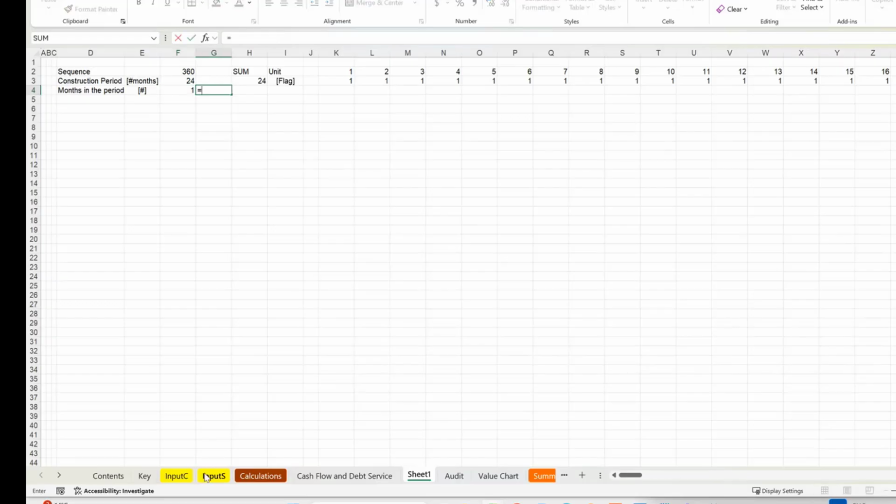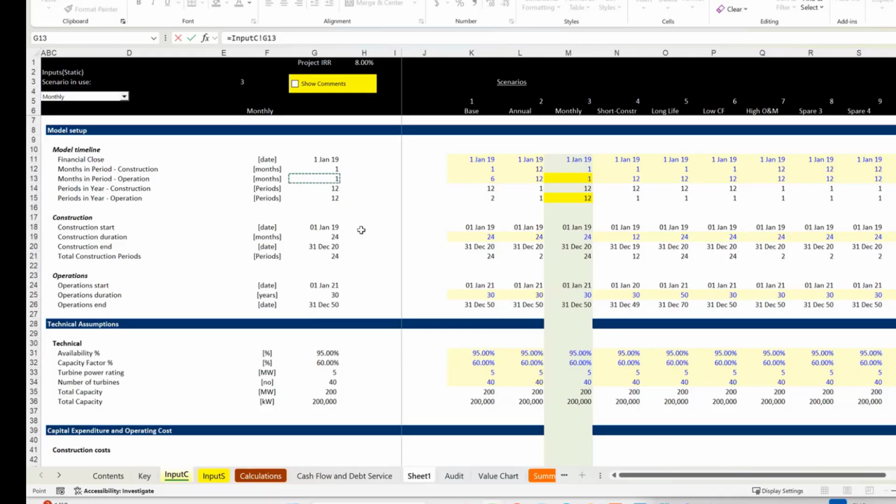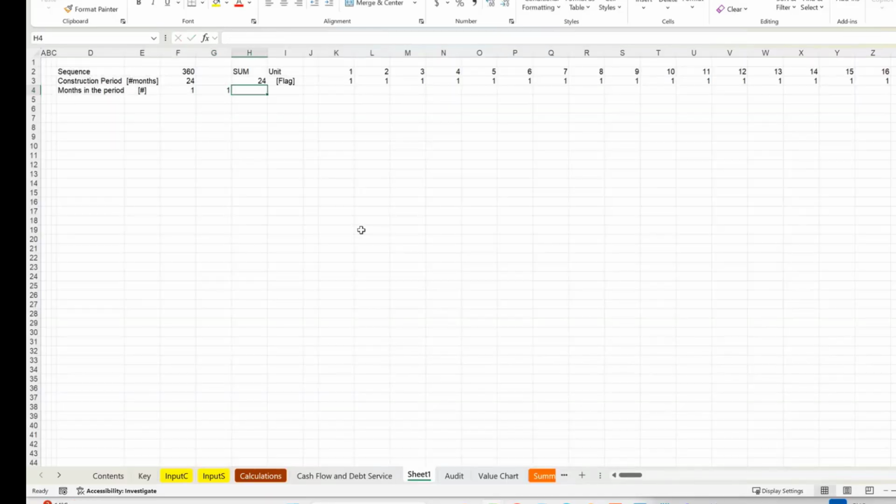Okay, and then we, for both operation and construction, right? So right now we're on a monthly scenario. And would you mind just, and that will be just months. That will be just months. And so this time we have, and the big deal here for me is to get that first flag that defines the whole model, because you have such different formulas pre-COD and after COD and all that.